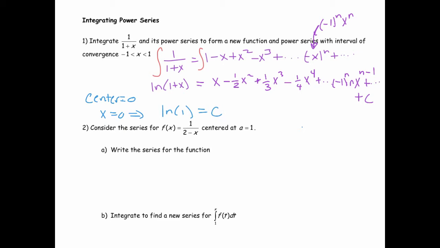So that'll tell you if there's an adjustment that needs to be made. But in this case, it doesn't, because c is equal to ln of 1, which is 0. So the c is equal to 0, so we didn't really need it. So ln of 1 plus x is just equal to this power series here on the right.